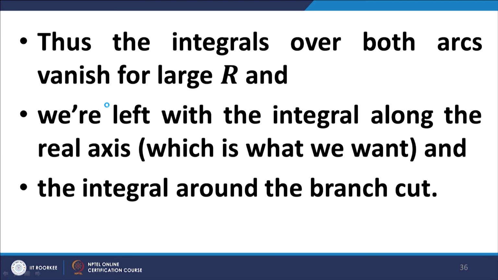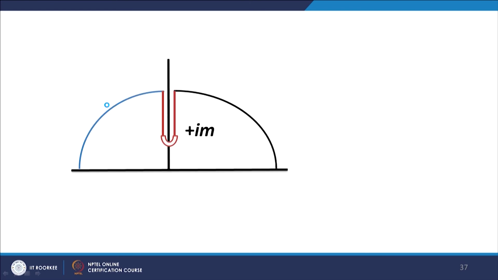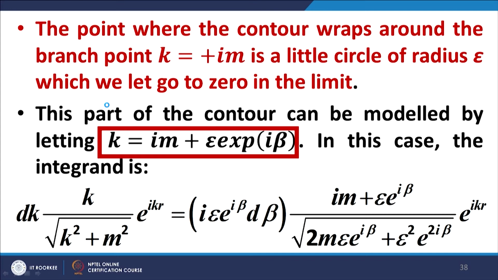Now, we are left with the integral along the real axis, which is what we want, and the integral around the branch cut. Let us now attack the integral around the branch cut. How are we managing the branch cut? We are managing the branch cut by having a contour which wraps around the branch cut at k equal to plus im, with a small circle of radius epsilon, so that we omit the branch cut from our contour.